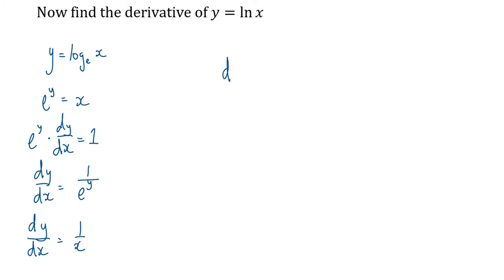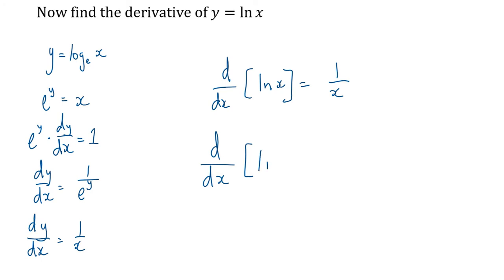So to summarize, d by dx of ln of x is 1 over x. Again, I said this yesterday, pretty simple, not quite as simple as exponential, but very simple, okay? And d by dx of ln of u, what do you think that is? 1 over u times u prime, or u prime over u.